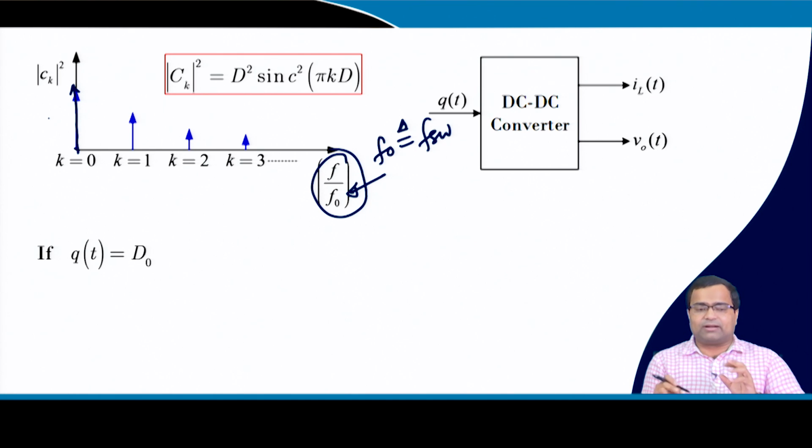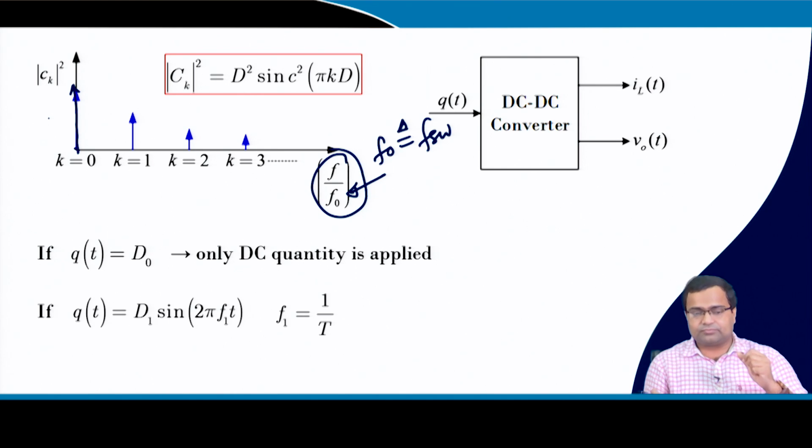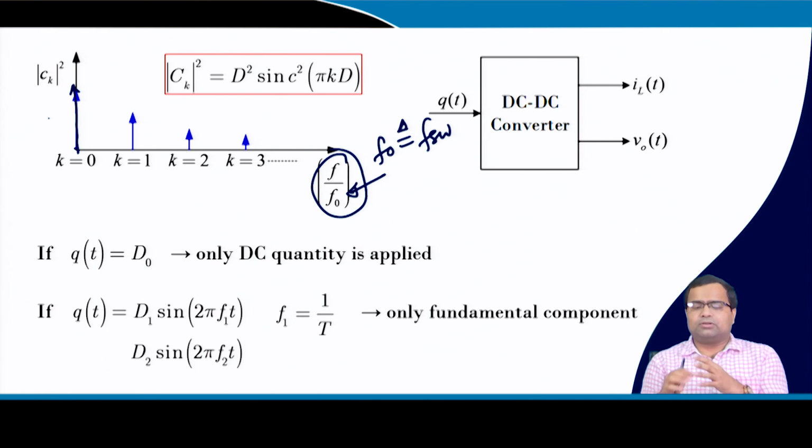Now, in a DC-DC converter, if Q(t) equals D0, it only gives us the DC quantity. Then you find D1, the component of the duty ratio or the Q at the fundamental switching frequency, and you can also find the higher harmonics.